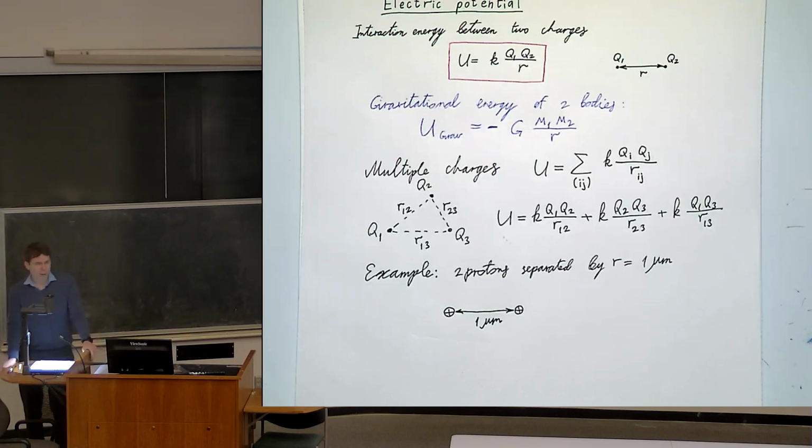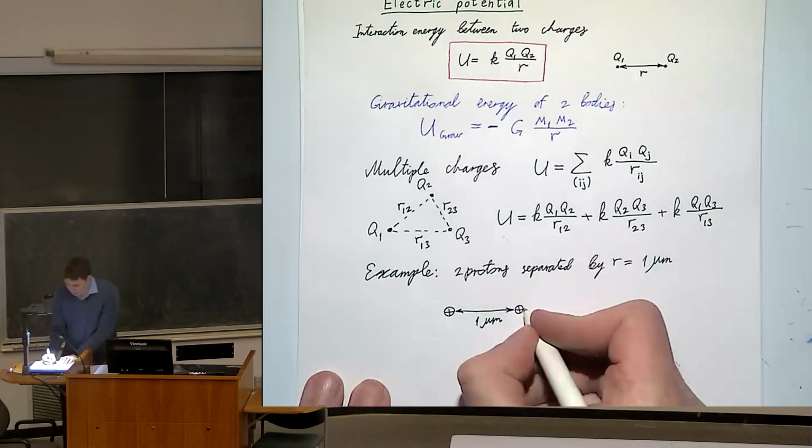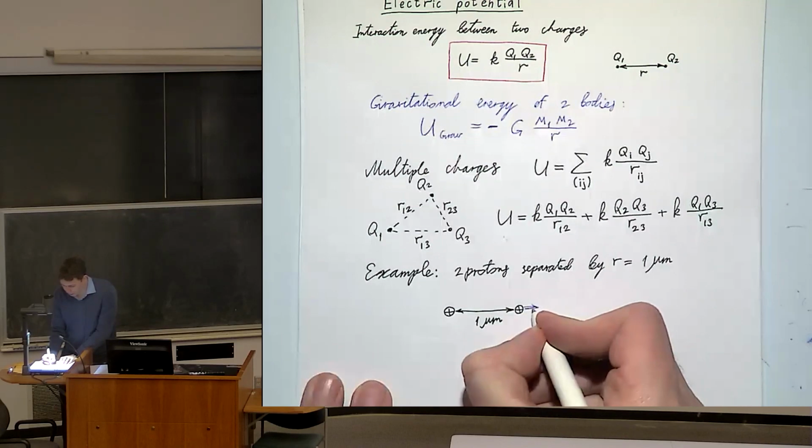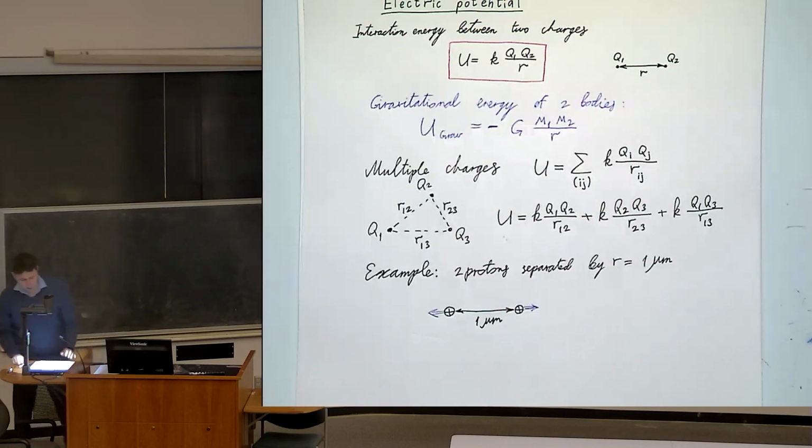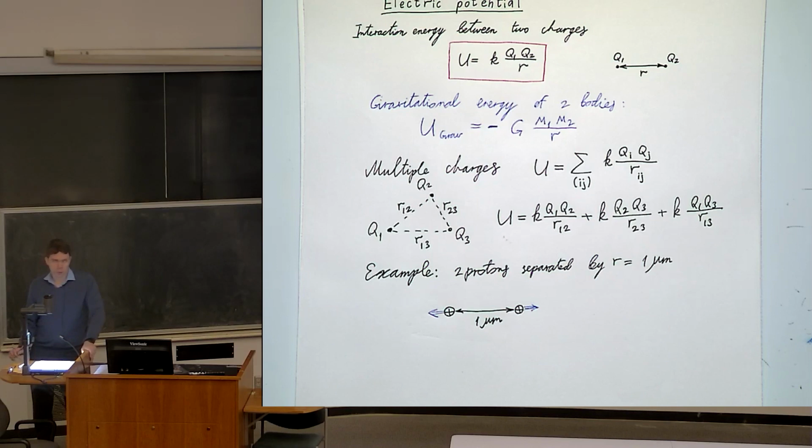So they will interact with each other, and because they've got the same sign, they're going to repel each other. If they're initially at rest, and those are free particles, they're going to move away from each other. So they're going to accelerate, pick up some speed, and as the distance between them grows, the interactions will be getting less and less significant.